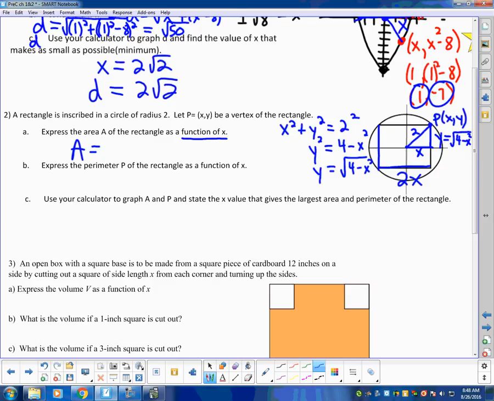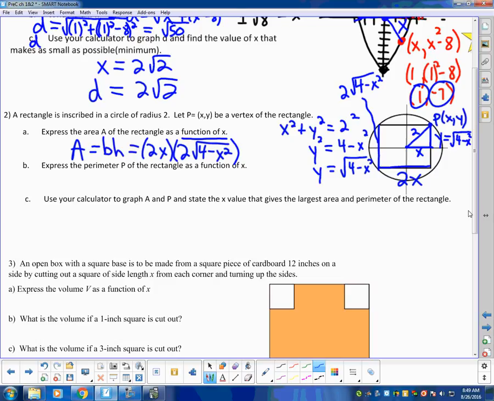So this is 2 square root 4 minus x squared. Those are the dimensions of my rectangle inside of that circle. So my area formula is going to be base times height. That's the generic geometric area formula for a rectangle. And my base is 2x in this case, and my height in this case is 2 times the square root of 4 minus x squared. So that's my area formula.